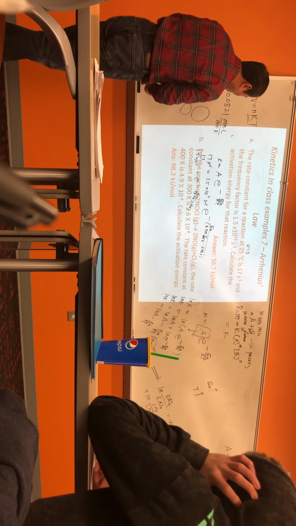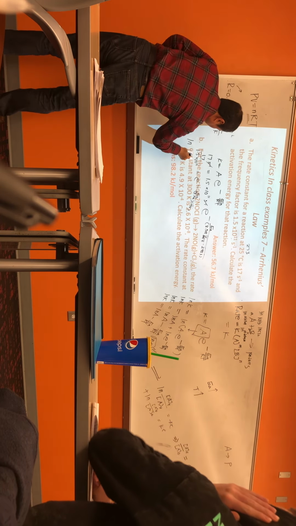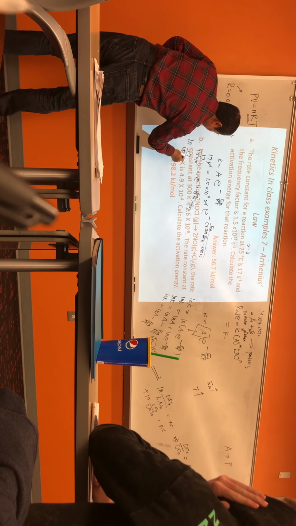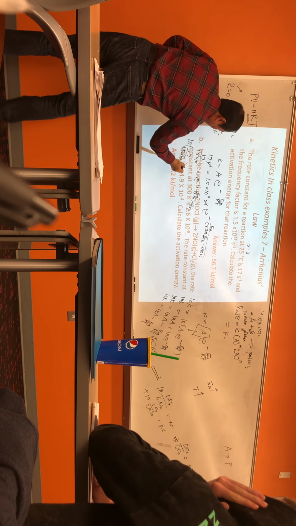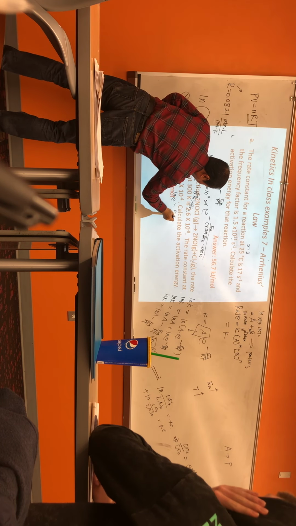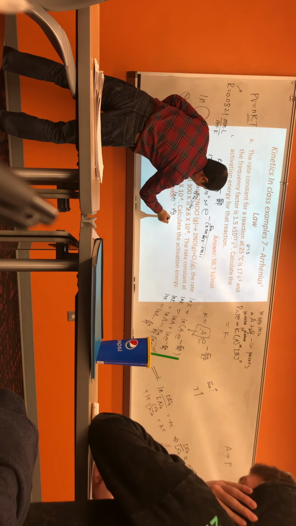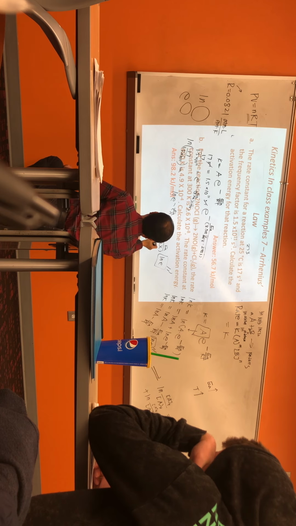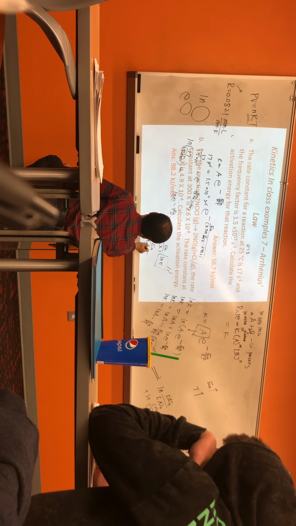If you take the natural logarithm of both sides, the exponent can come in front of a logarithm, and ln e is equal to 1, so you have negative Ea over 8.314 times 298.